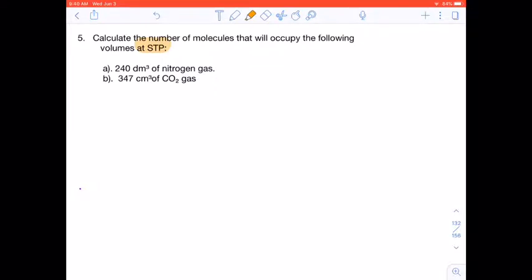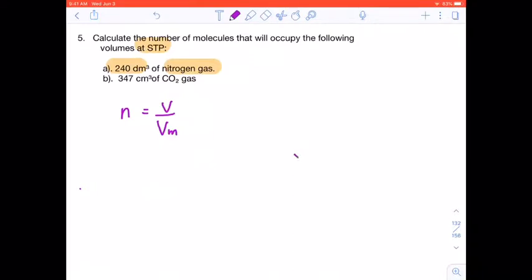If we want to know the molecules that will occupy 240 decimeter cubed of nitrogen gas, n is equal to volume over molar volume.